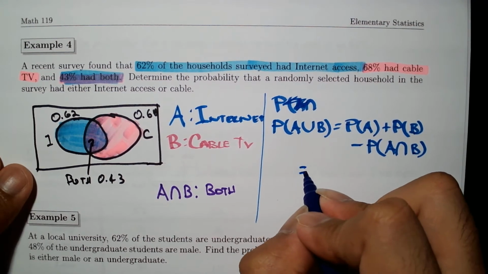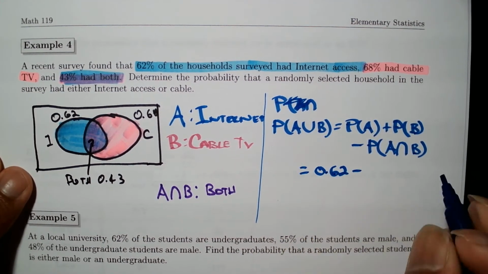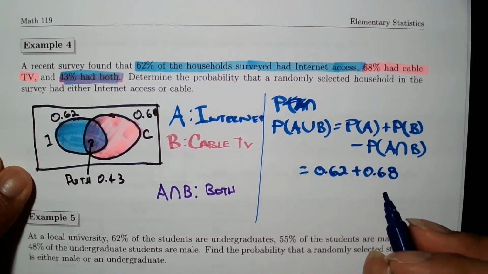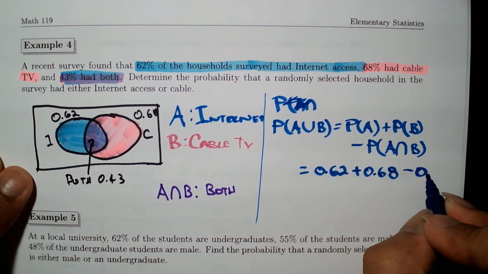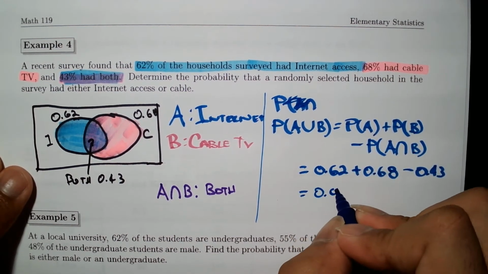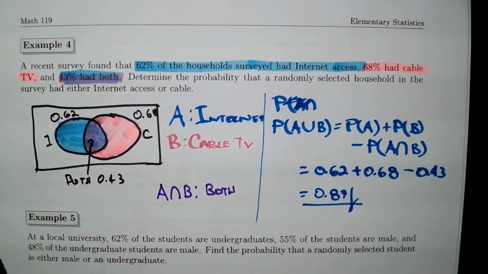So let's just plug in the numbers. That's going to be 0.62 plus 0.68 and minus 0.43, giving us a total of 0.87, which is the probability to have either one or the other. It doesn't have to specify which one it is.